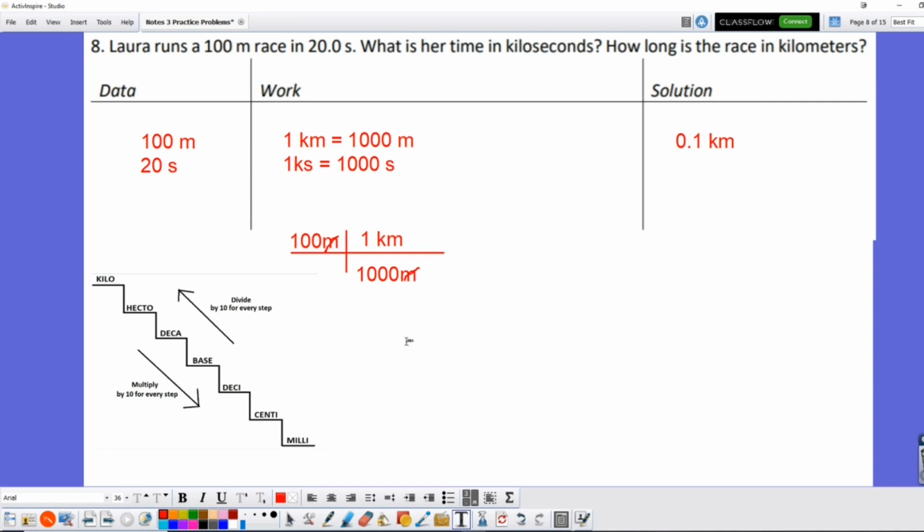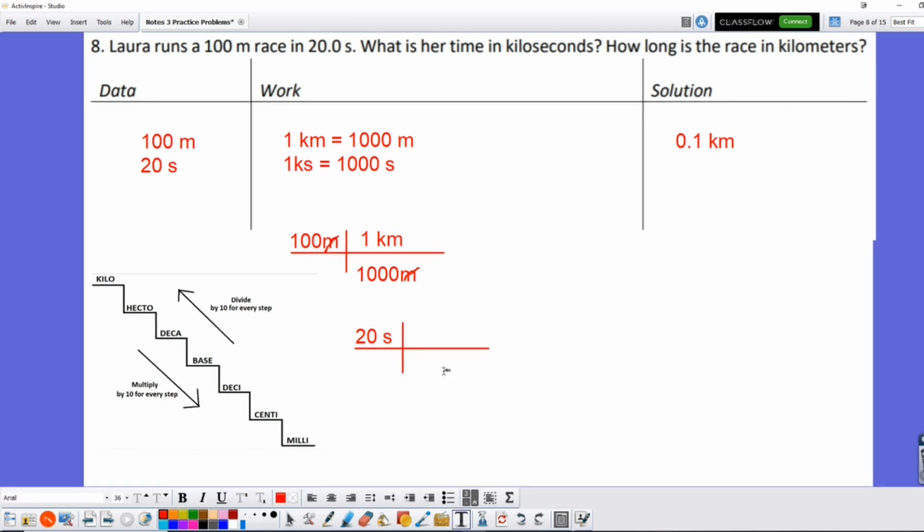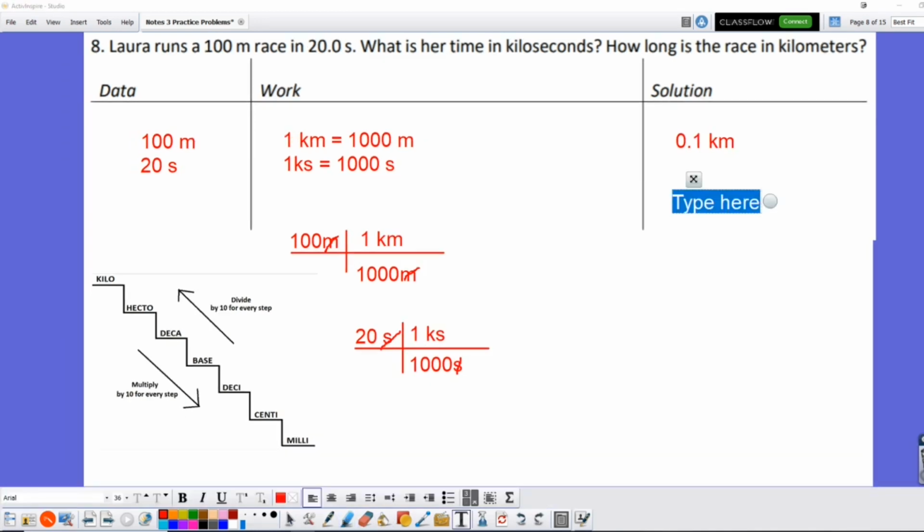And in this case, we've got 20 seconds. Converting seconds to kiloseconds now, the second part of the problem, I'm going to set up a bridge problem again. We want to get rid of seconds, so we know that 1,000 seconds is equal to 1 kilosecond. Multiply the top, multiply the bottoms, top divided by bottom. Seconds cancel with seconds. So 20 divided by 1,000 is going to give you 0.02 kiloseconds.